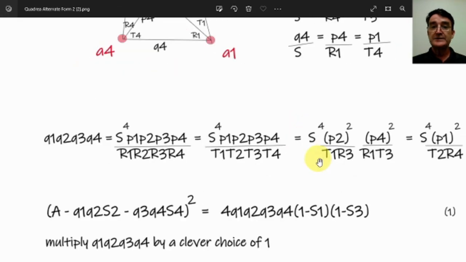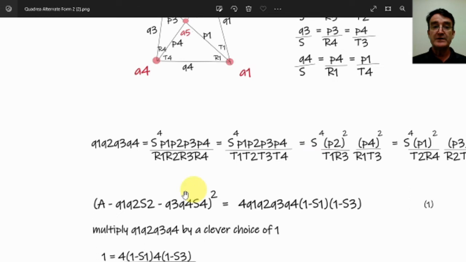Okay, so in a previous video I presented this equation here for the quadria of a projective quadrangle. The quantity A is the quadria of the projective quadrangle, and it's an equation of quadrances and spreads. What we're going to do is substitute this term here, Q1 times Q2 times Q3 times Q4, with an alternate form.